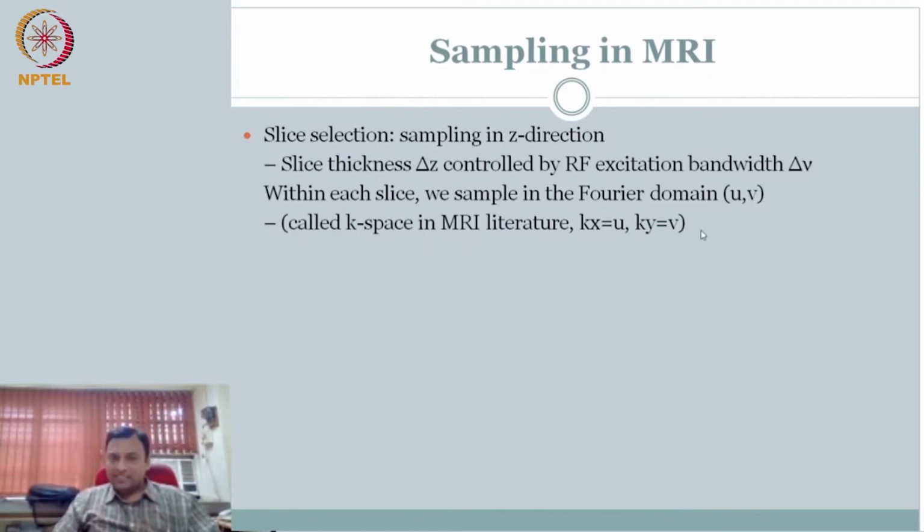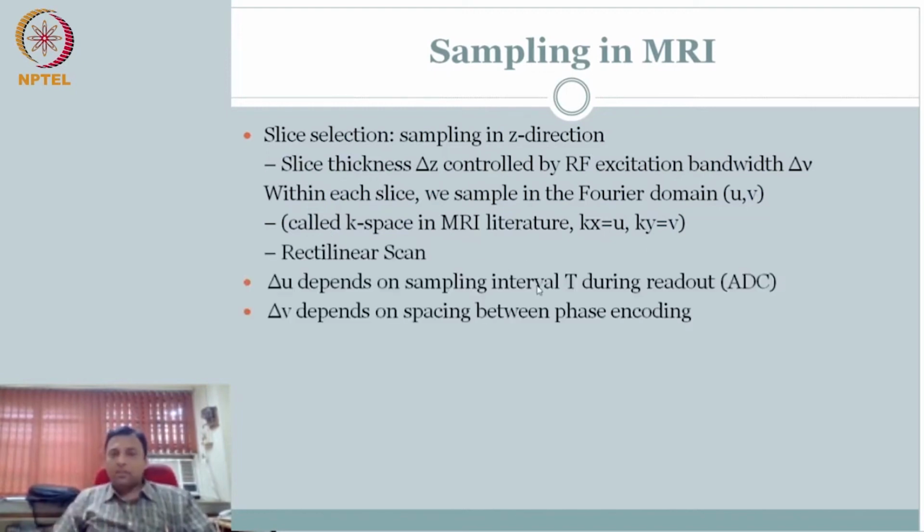So in each slice, the data that we acquired is a sampled k-space, or a sampled Fourier domain, is what you have. In case of rectilinear, we will be talking about delta U, right? Delta U is in the X direction. You remember the ADC that we were plotting in the pulse sequence diagram. We just said ADC is on for the data acquisition time, T_O. But essentially that's sampling. ADC is analog to digital, right?